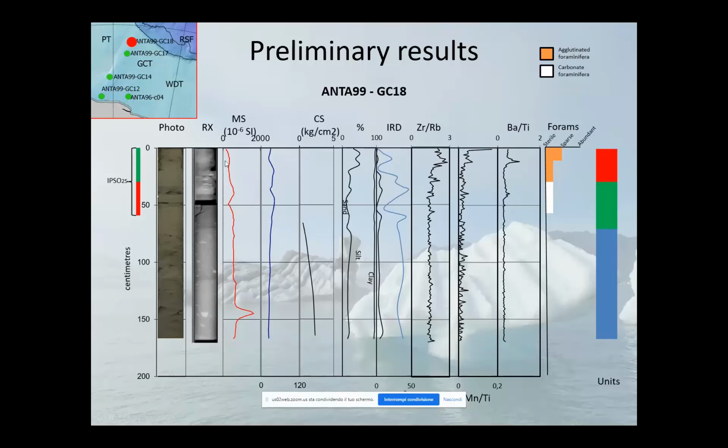And we also use this core to test the XO25 analysis. This is a biomarker to highlight the presence or the absence of ice, or ice shelf or sea ice.